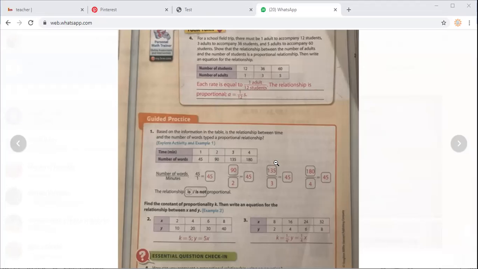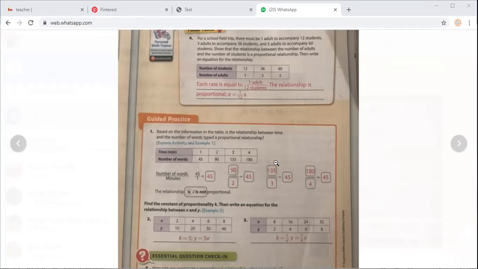If I want to find the constant value, what do we have to do? Divide Y by X. Don't forget and don't confuse, please. Divide Y over X, so the number of words over minutes.